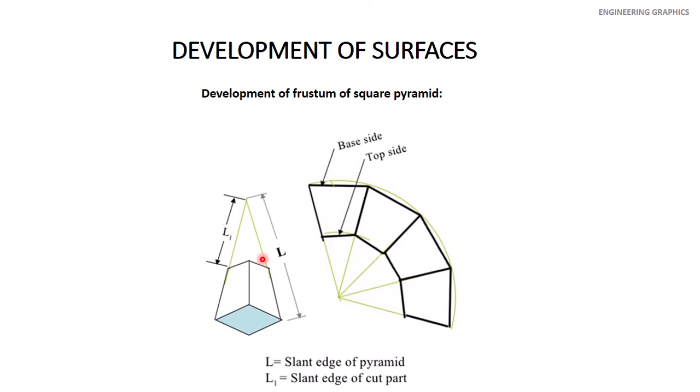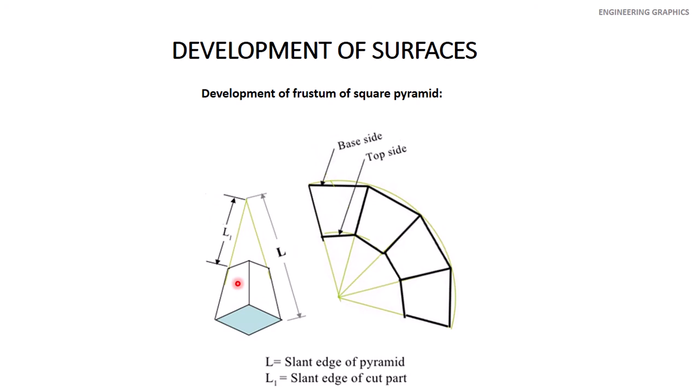You can directly join this point with the common point, the second point with the common point, the third point and the fourth point with the common point, and then draw straight lines, 1, 2, 3, 4. These are the first, second, third and fourth faces of this frustum of square pyramid, because it has 4 faces.